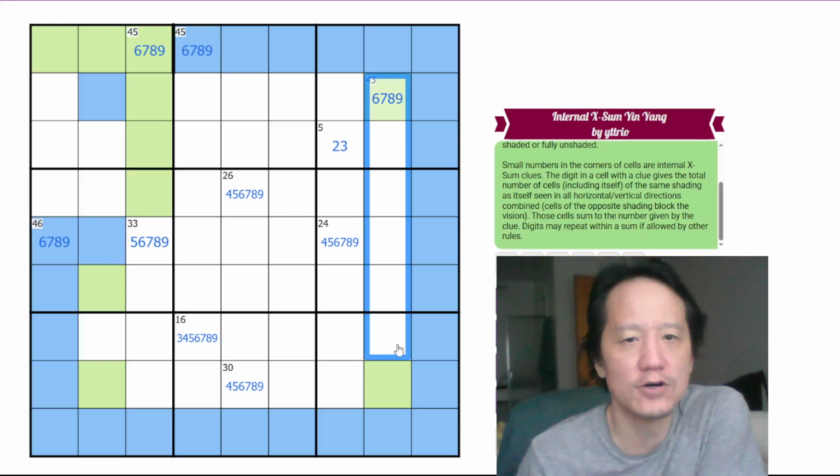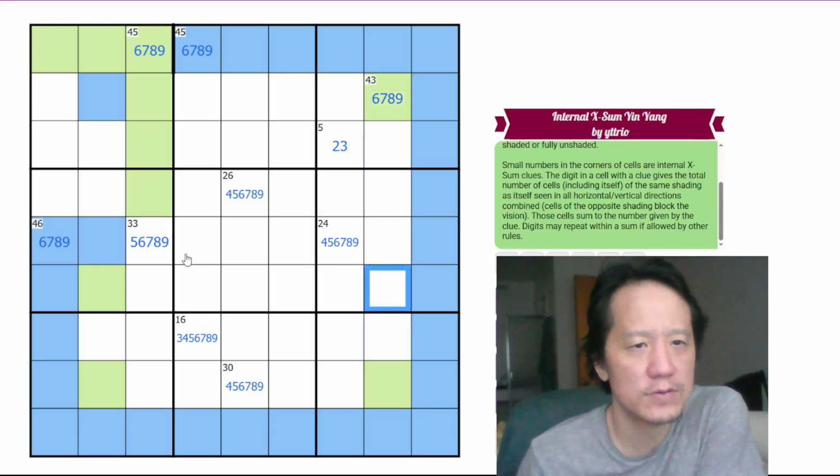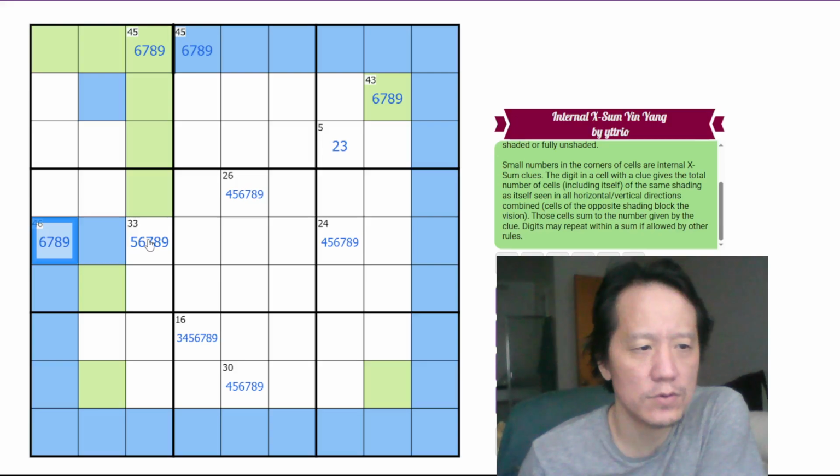And it cannot see all, though. This is blue. If it's 6, it could be 9. Okay, this has to extend further. Well, it doesn't have to extend that way. It could extend this way.